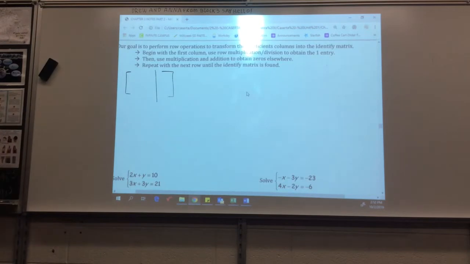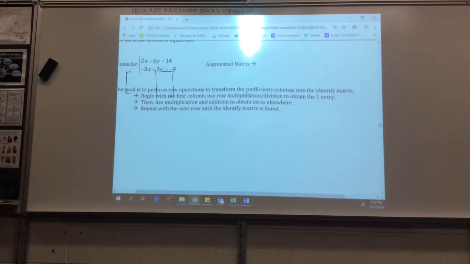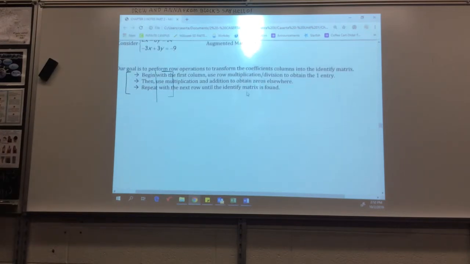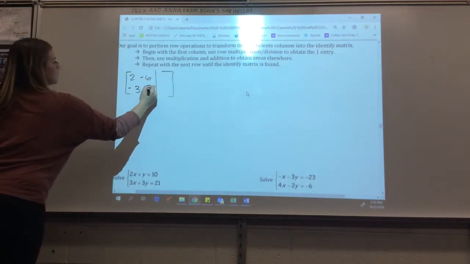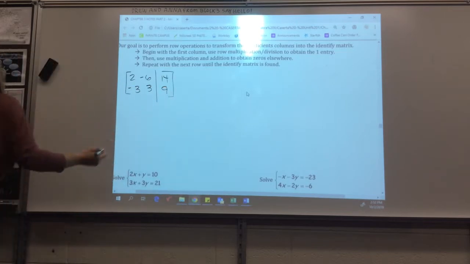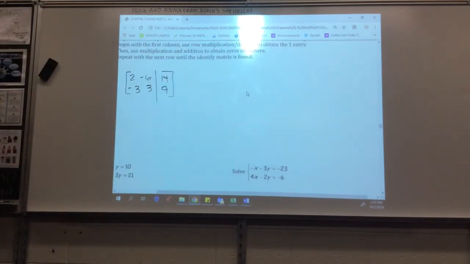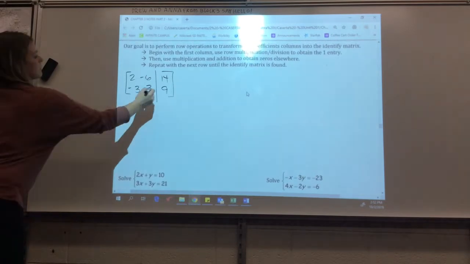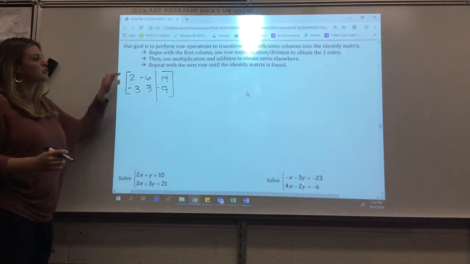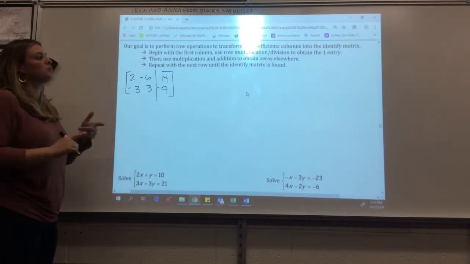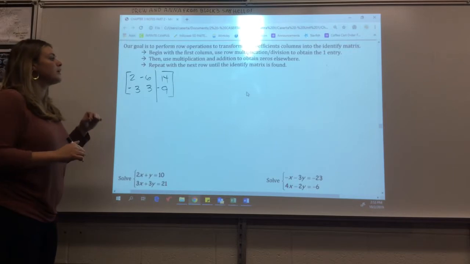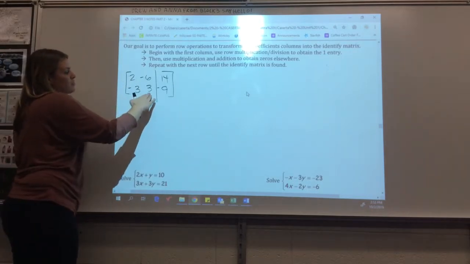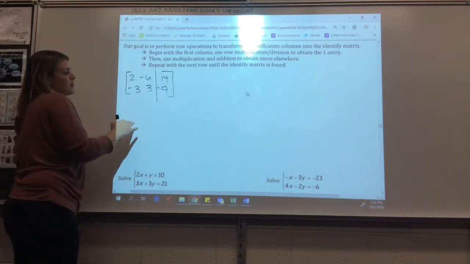Originally we had 2, -6, -3, 3, and I think we have 14, -9. It says begin with the first column, use row multiplication or division to obtain the 1 entry. So our goal here is to make this into a 1 and this into a 1, this into a 0 and this into a 0.